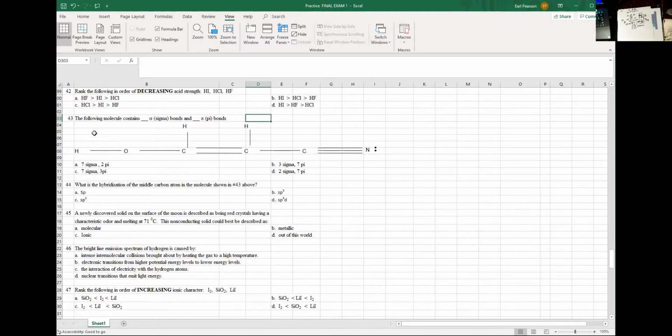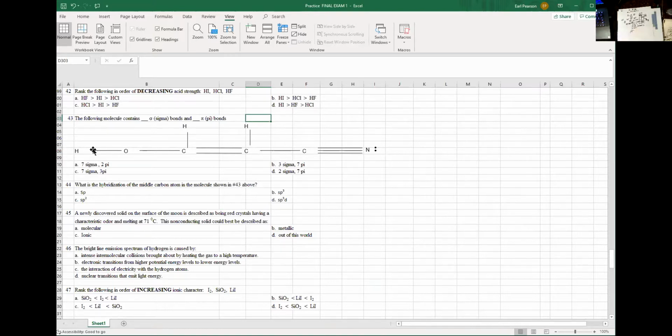I have to have a sigma bond between every one of the pairs of atoms. So that's a sigma bond, that's a sigma bond, that one and one of these, that one, and one of these. So I got 1, 2, 3, 4, 5, 6, 7. I've got 7 sigma bonds.